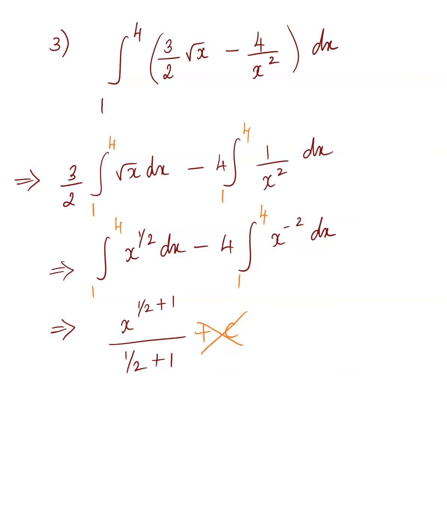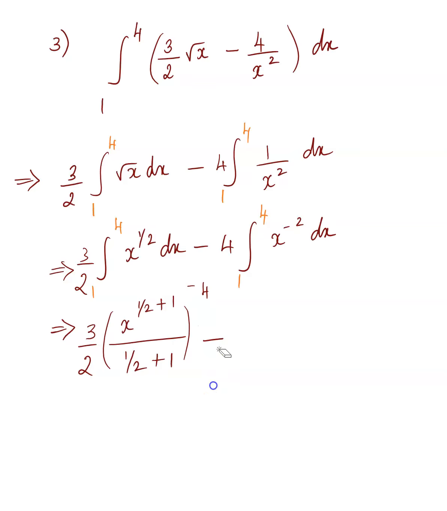Okay, and then I move on to, there is this 3 over 2, this is missing, 3 over 2. I'll remove this plus c, minus, once I take the integration, I have to enter the limits like this. Okay.